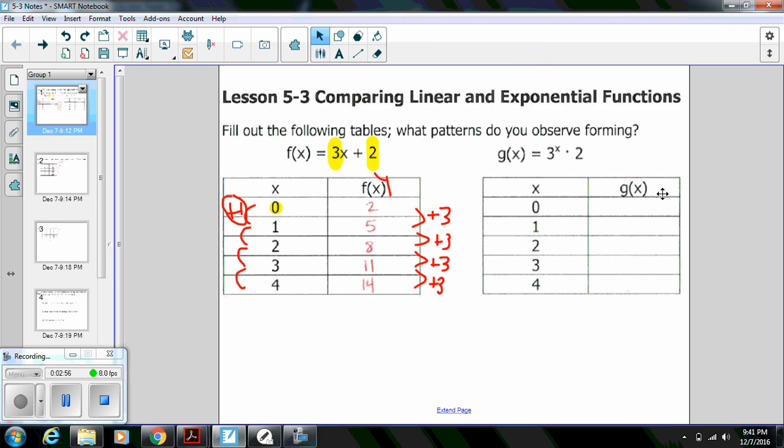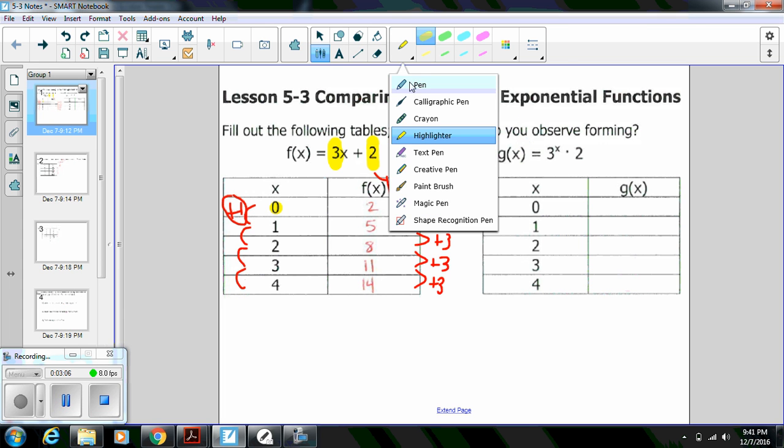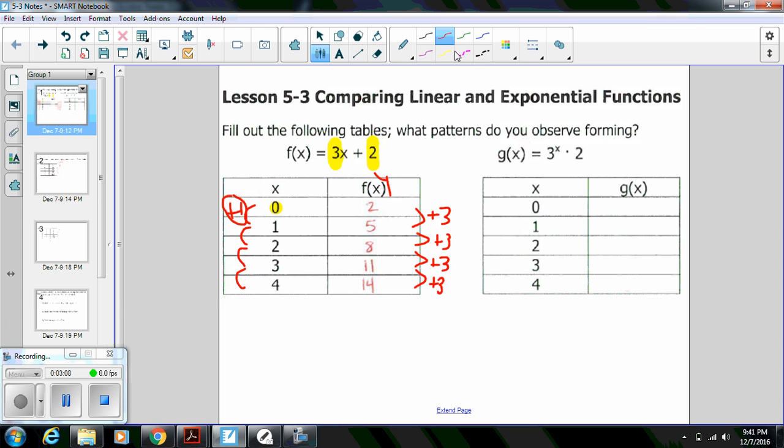So we're going to do the same thing over here for g of x equals 3 to the x times 2. So I'm going to start with 0. I need to plug in. So g of 0 equals 3 to the 0 power times 2. So 3 to the 0 just simplifies to a 1.